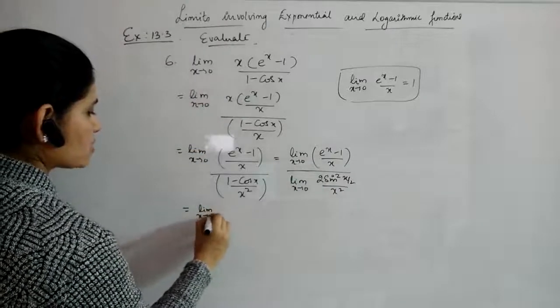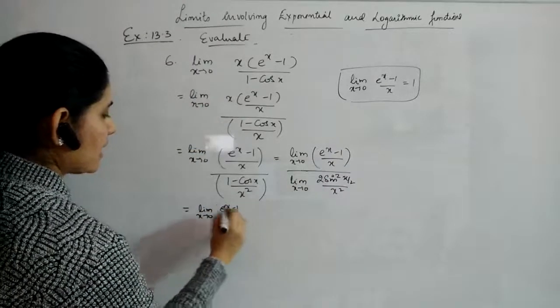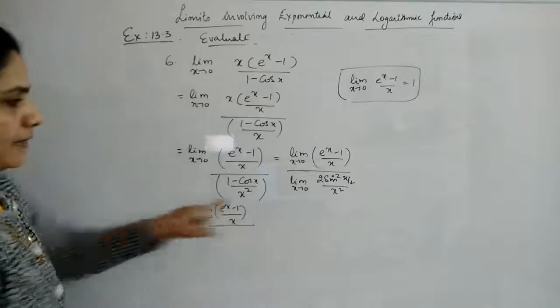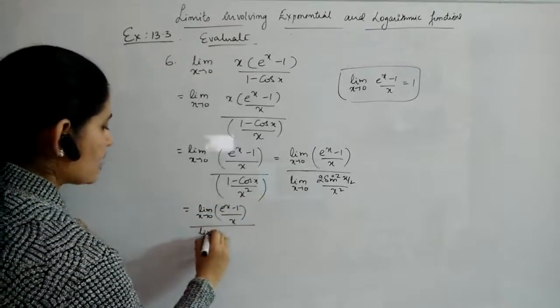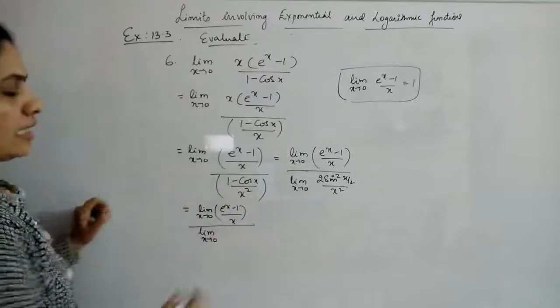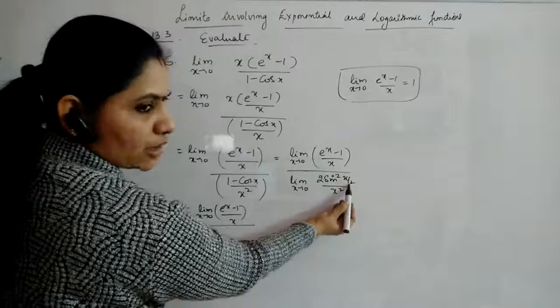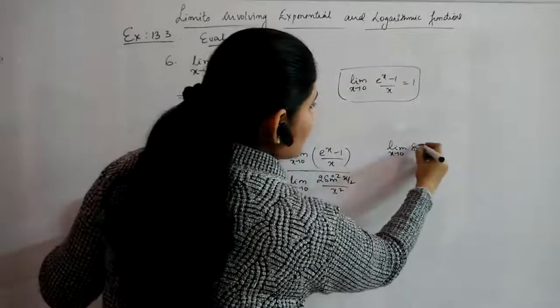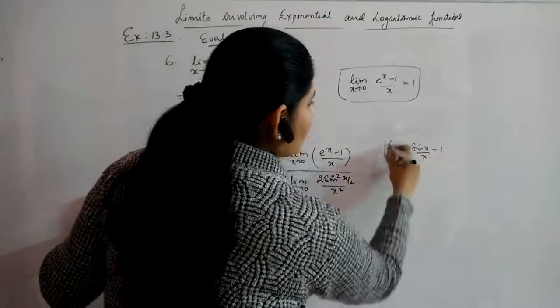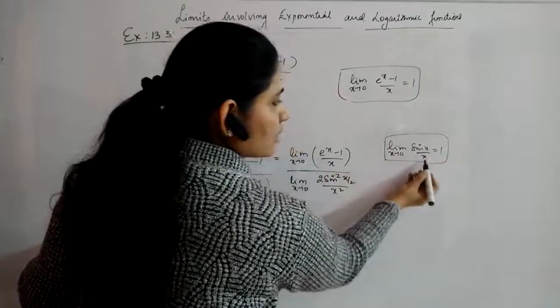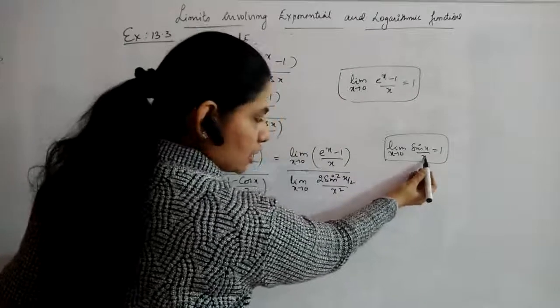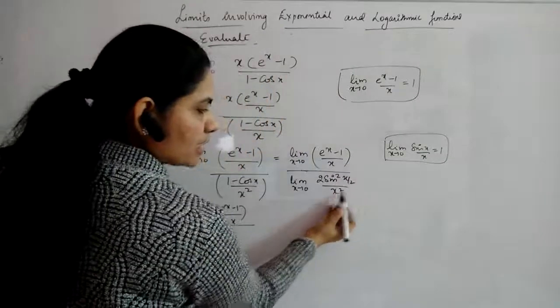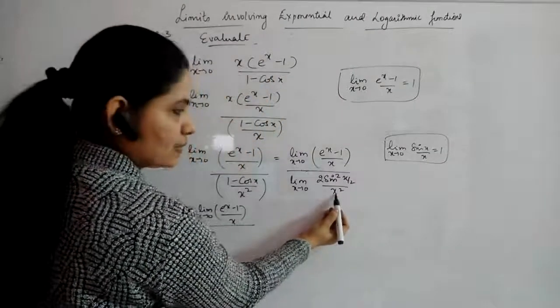The limit x tends to 0, (e raised to x minus 1) by x, divided by this one. Limit x tends to 0. Here you have sine square x by 2, or you can say, for sine you have sine x by x as 1. That means whatever angle you have here, you should have the same angle in the denominator. Here you have x by 2, means here also you need to make it as x by 2, right?